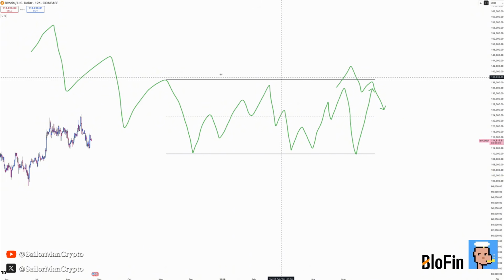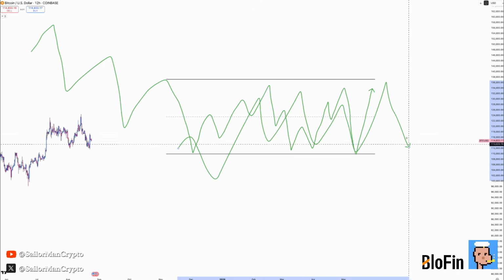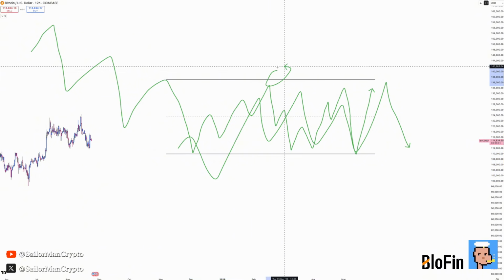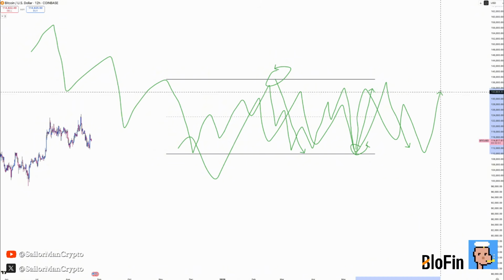So the concept is, this is a range, so we expect that the price will continue to range inside. If the price continues to range and we short here, we are already on the good side, because we are positioned to move to the other extreme of the range. If we long here, we are again well positioned.